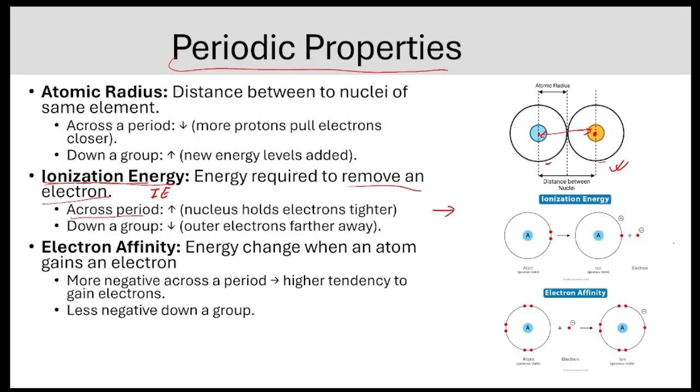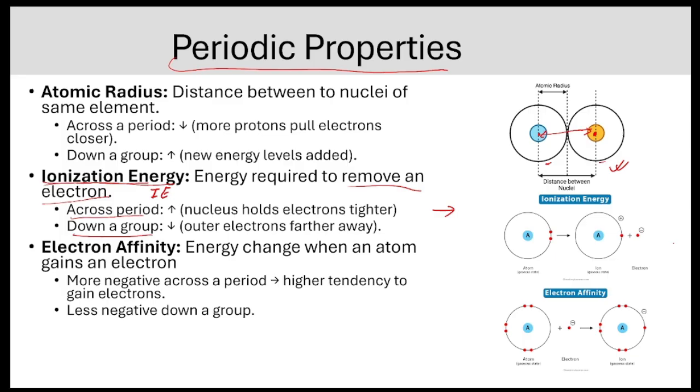Similarly, if we look at a column and go from top to bottom, the ionization energy decreases.